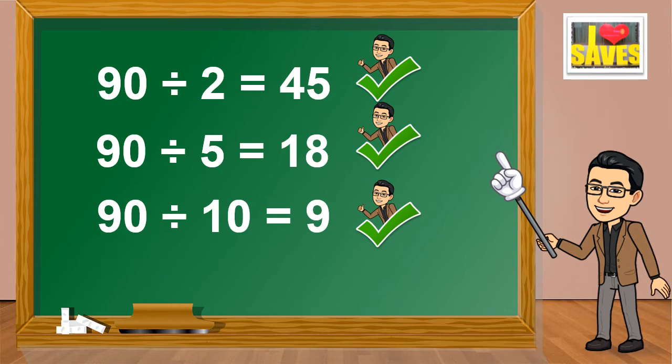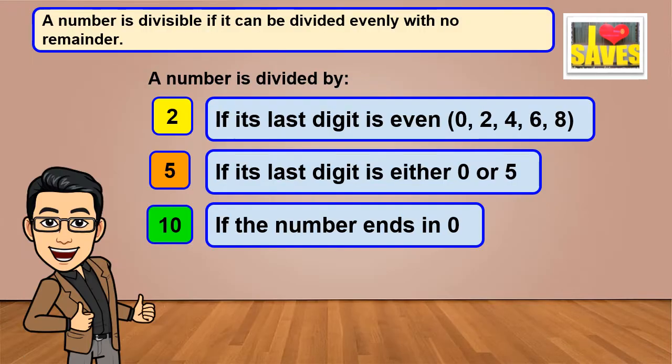Mike can divide the 90 ripe mangoes to his 2 brothers, 5 cousins, and 10 classmates equally. So a number is divisible if it can be divided evenly with no remainder. A number is divided by 2, 5, and 10. So ito yung sinasabi natin na rule.